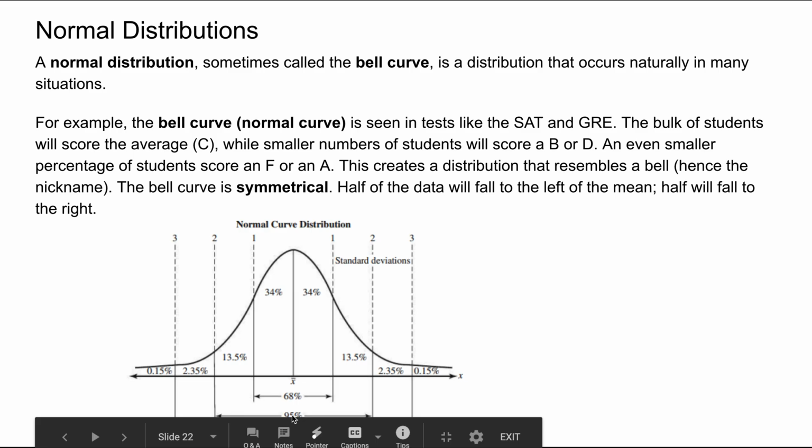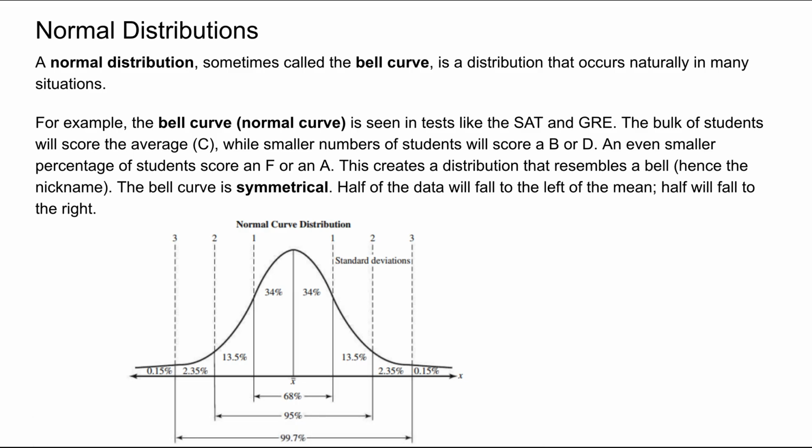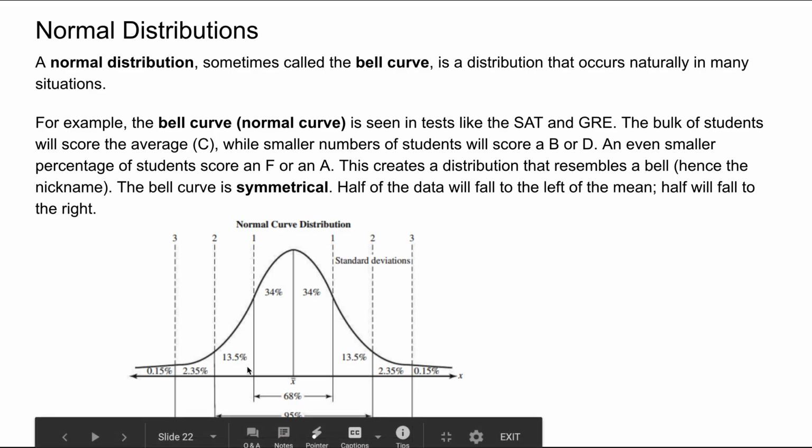Okay, I want you to remember that. So again, within one standard deviation, there are about 68% of the values, and about 95% lie within two standard deviations. How about within three standard deviations?